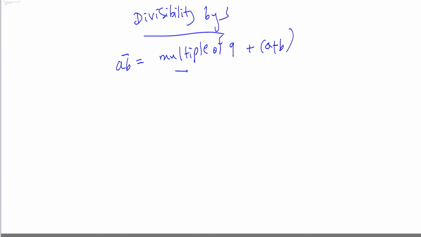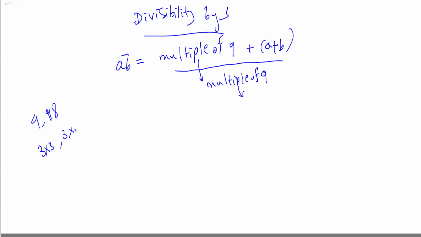Any number can be written like that, we know that. Since this multiple of 9 is also a multiple of 3, because a multiple of 9, like 9 into 2 is 18, is also a multiple of 3.